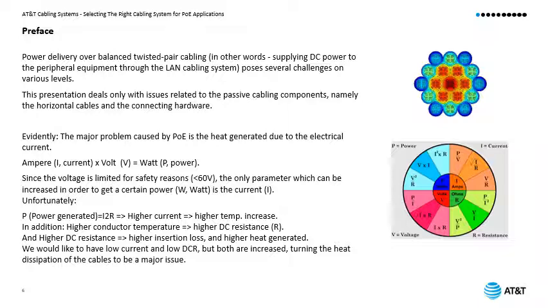Higher conductor temperature means we are getting higher DC resistance. Higher DC resistance means we are getting higher insertion loss and higher heat generated. So it is a loop or a cycle. We would like to have a low current and low DCR, but both are increased, turning the heat dissipation of the cable to be a major issue.